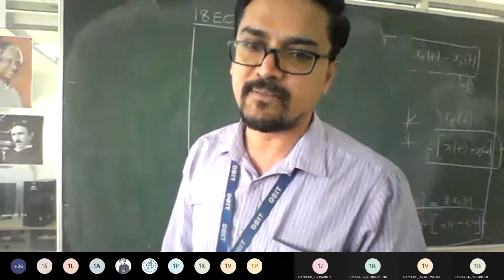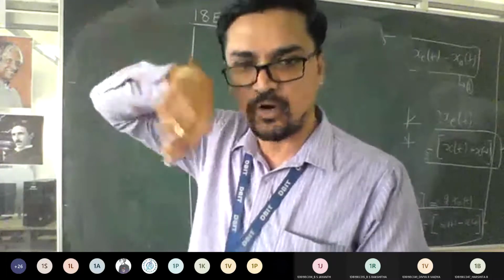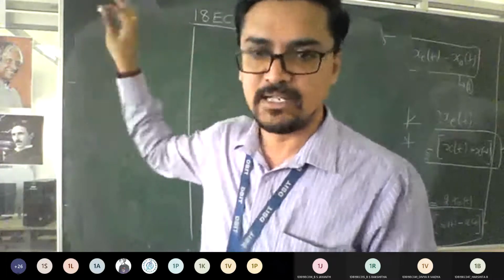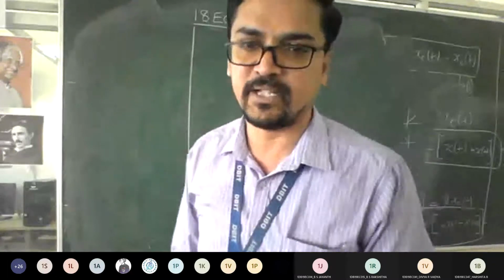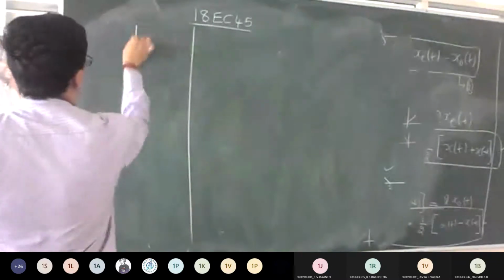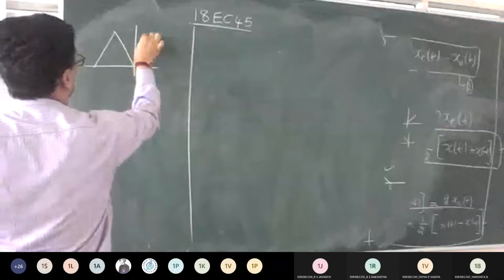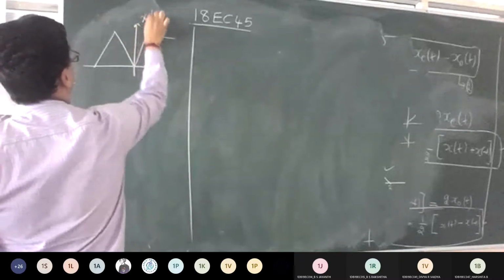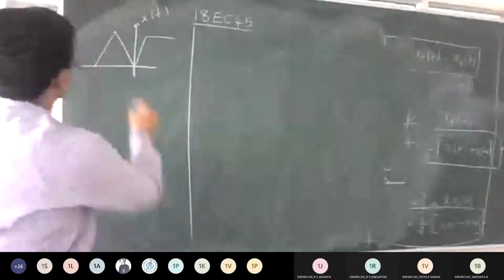So in this problem, they themselves have given a signal for you. So you needn't worry about what we did in the last problem, like sketching and all. They themselves gave a sketch, so from the sketch you can proceed and get me the answer. What is the question? x of t is given, with amplitude 1.